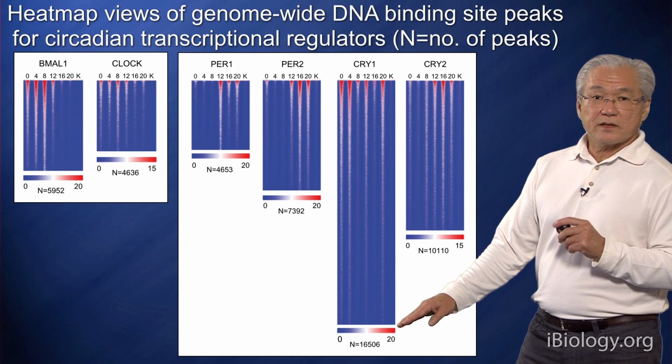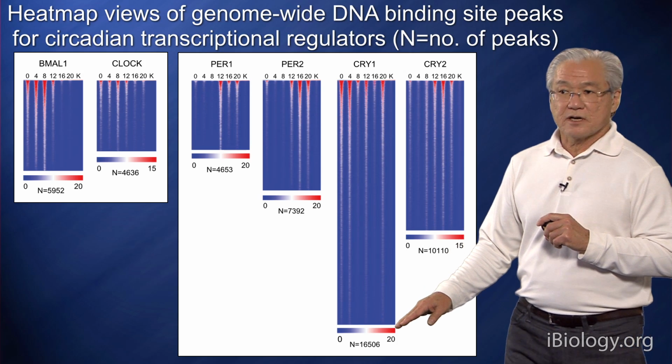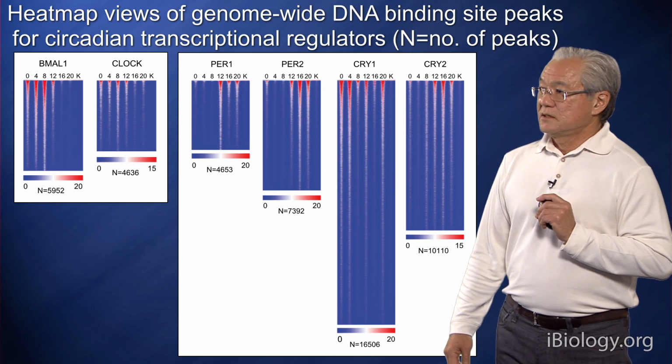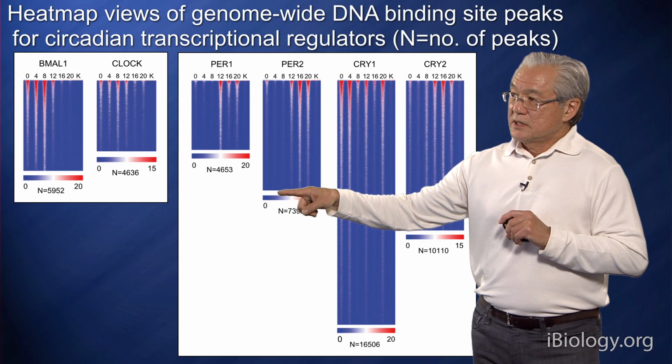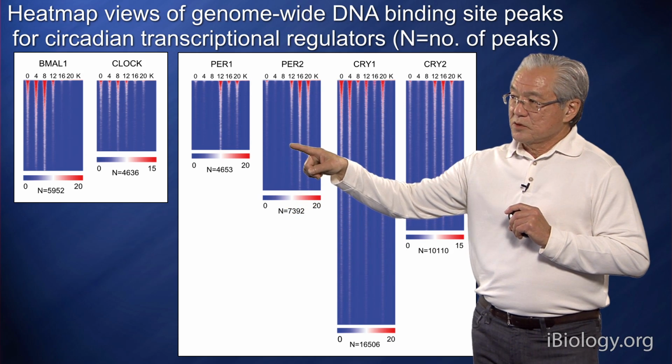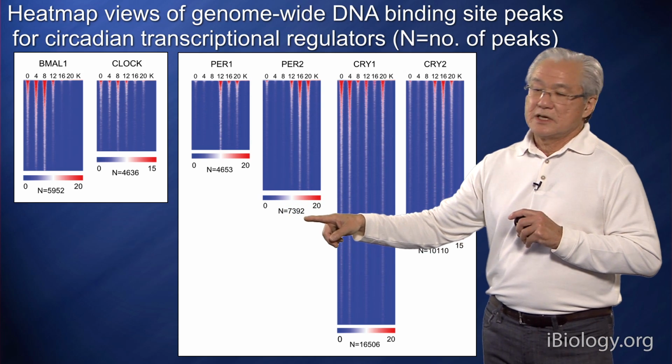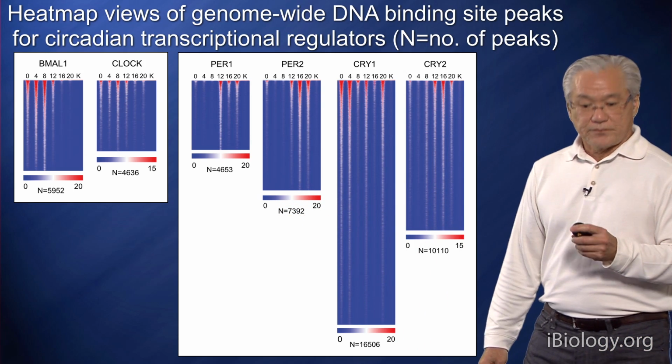So in the case of CRY1, there are 16,000 sites in the genome, many more than the 5,900 BMAL1 sites. And the PER proteins also have many binding sites. In the case of PER2, over 7,000 sites.